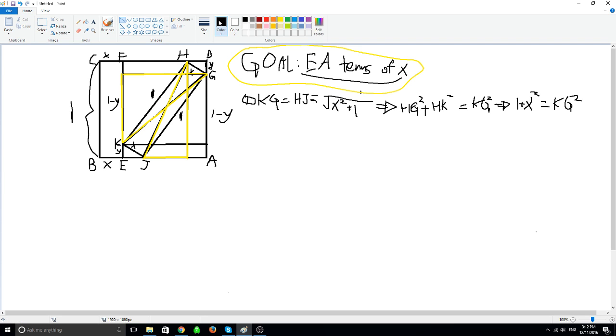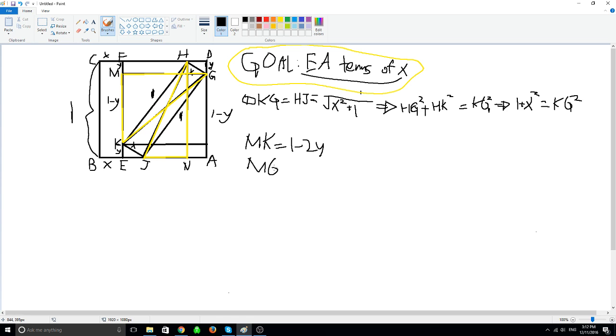So now, from these highlighted triangles, let's call this length M, and let's call this N. So now we have MK equal to 1 minus 2y, because we mark this as a rectangle and this is y.